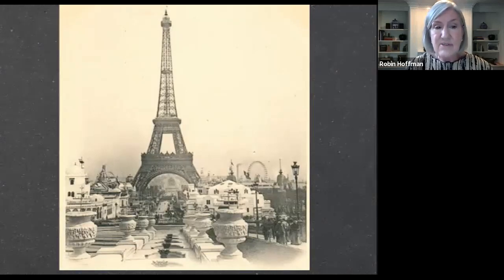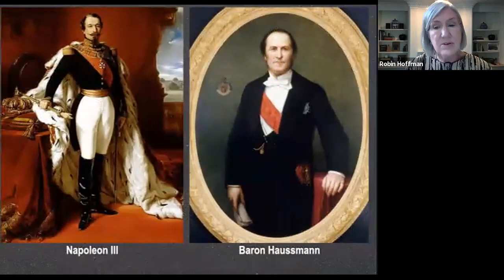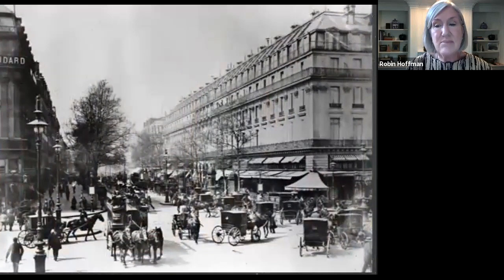Between 1852 and 1870, the city underwent a massive renovation under Napoleon III, who instructed his city planner, Baron Haussmann, to bring air and light to the center of the city, to unify the different neighborhoods and boulevards, and to make the city more beautiful.